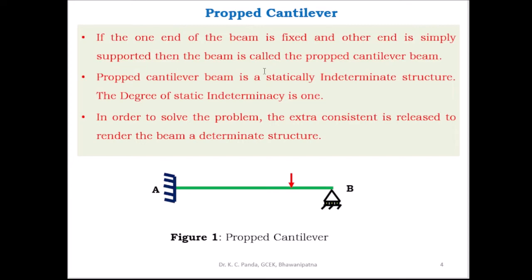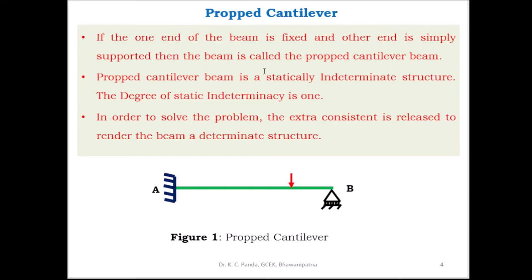So a propped cantilever will have three unknowns, but under vertical loading we have only two equations of static equilibrium, namely summation of vertical force is equal to 0 and summation of moment is equal to 0. Hence, one of the reactions cannot be determined with the application of these static equilibrium equations.